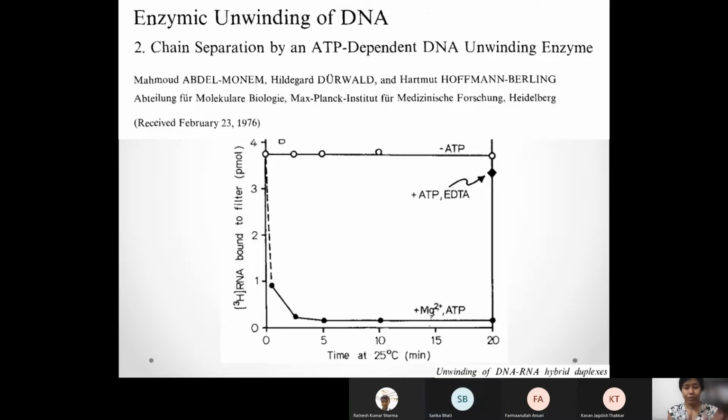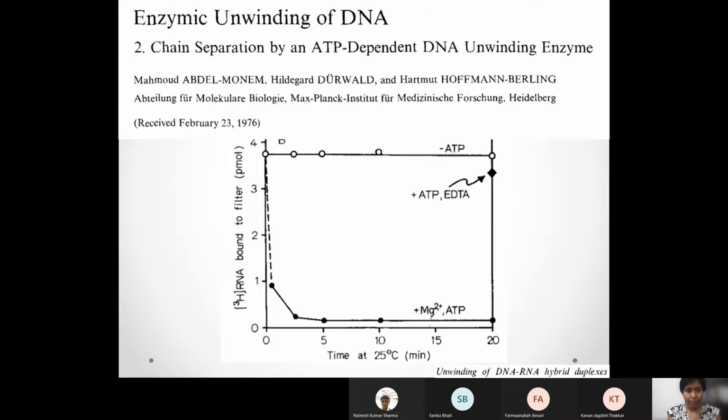Okay, so here similarly they designed a piece of DNA and a complementary piece of RNA, which forms double strands with the DNA. They specifically radiolabeled the RNA. This H3 is tritiated hydrogen, and it helps identify the RNA and where it is present.